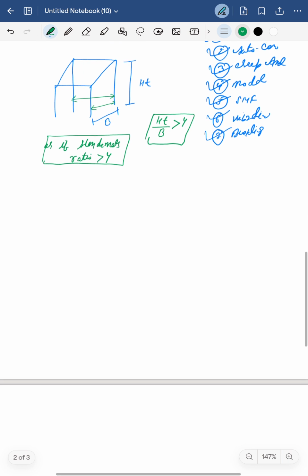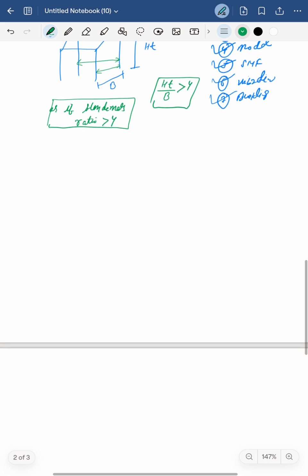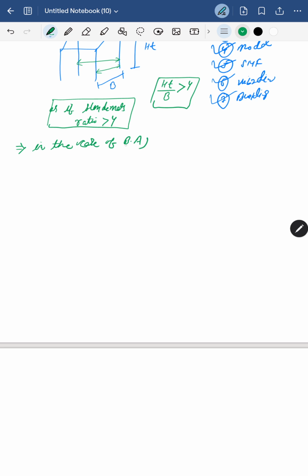Now, in the case of buckling analysis, another thing you have to remember is that you have to consider 6 modes only.